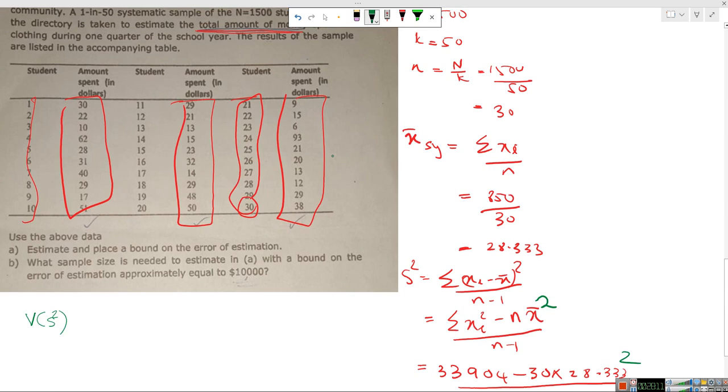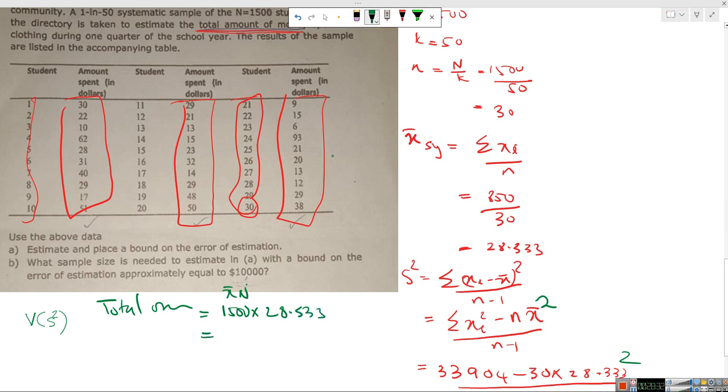So the total is equal to 1500 into x bar, that is N into x bar for systematic sampling, which is 28.333.